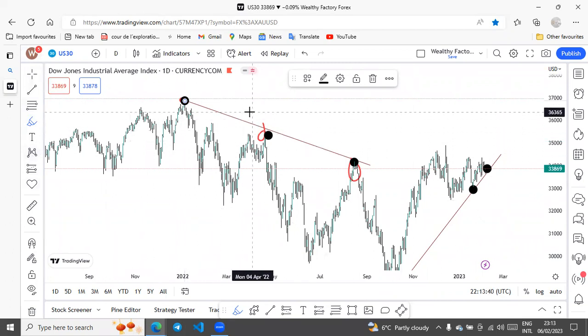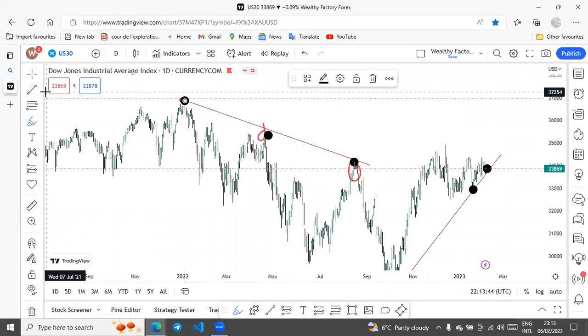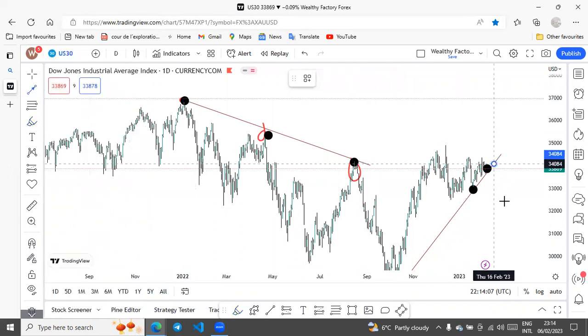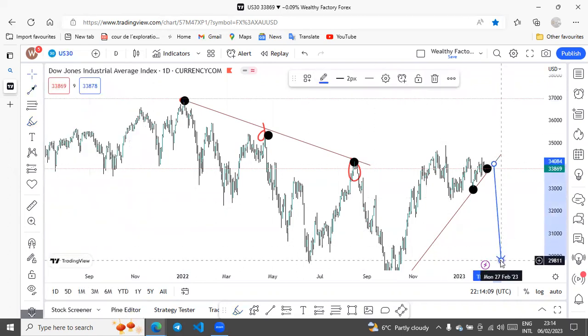So this trend line you've seen here, I get it from here. Second from above, 1, 2. That's why you find the trend line is up here. If you want, you can put it on favorite, then it's going to come down here. If you want to point the direction of the market, where you expect the market to be going, you can use an arrow, which I usually use, like pointing the direction of the market like this.